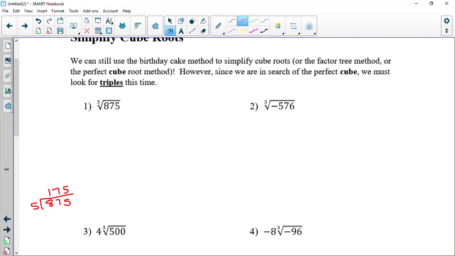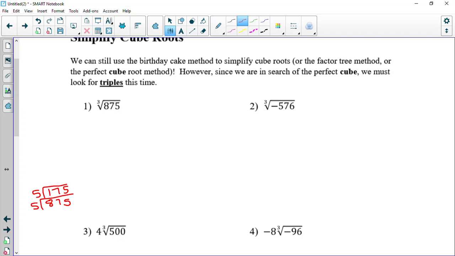I can check to see if this is divisible by 3, so I can add up all my numbers again, and I would end up with 13. So not divisible by 3, but it does end in a 5, so it's divisible by 5 again.